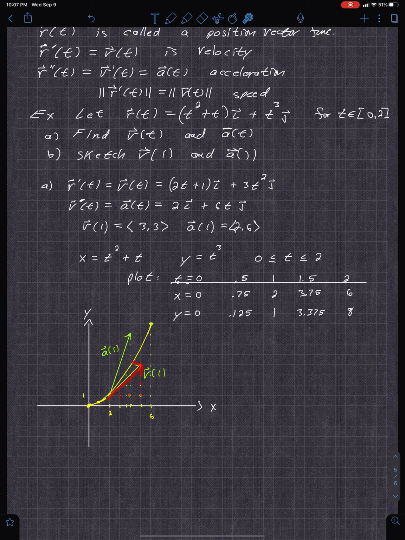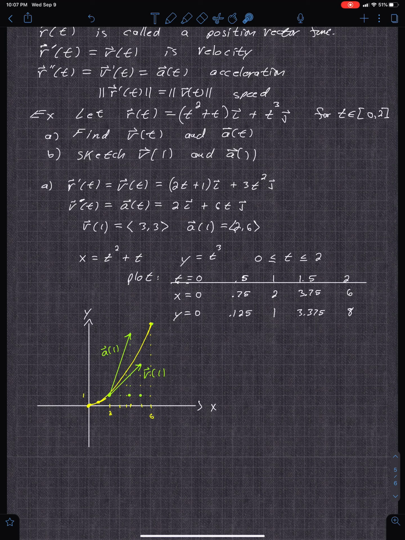And see how that is exactly tangent that I just talked about up there? So this is just one example where you see that it's actually tangent. And then when you plot the acceleration, again, you start at 2, 1 here, and then you count out 2, 6. 1, 2, and then 1, 2, 3, 4, 5, 6, and then you get this as your acceleration vector.